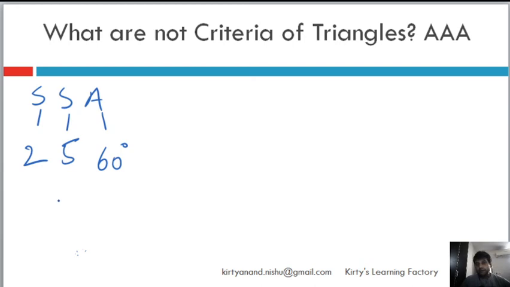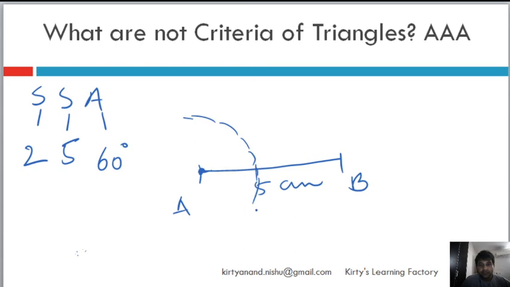So using this, can we first draw a fixed triangle? Let's see that. Let's say this is 5 centimeter, let's call it AB. Now from here let's cut an arc of 2 centimeter, right? Let's cut an arc of 2 centimeter like this. So this will be the arc. So the vertex of the triangle can be anywhere here.